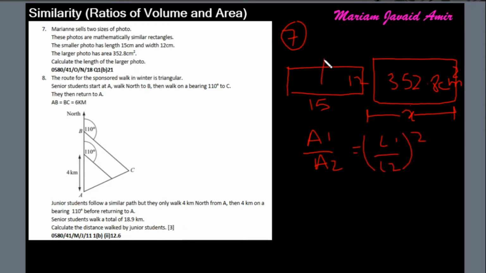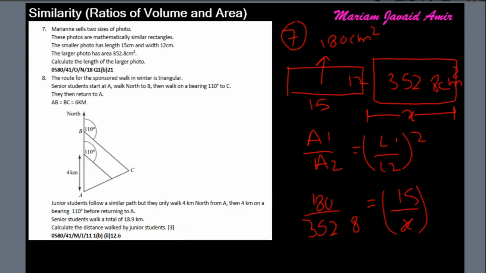A1 we can find by simply multiplying 15 with 12, which will give us 180 centimeters squared. So 180 over 352.8 equals, the length corresponding to 180 is 15, and the length corresponding to the other one has to be found. Next we know what to do. 180 times x squared equals 15 squared times 352.8.